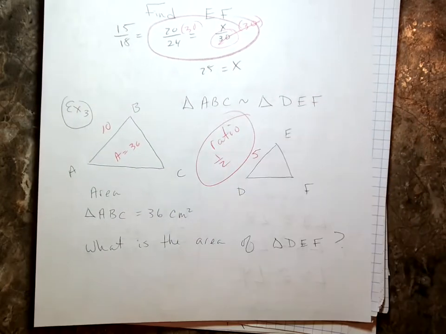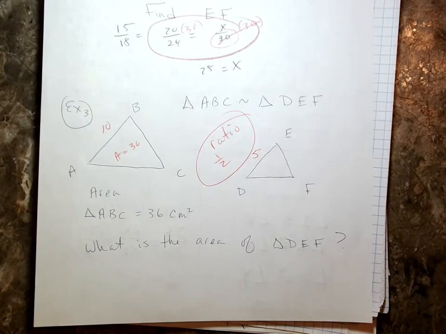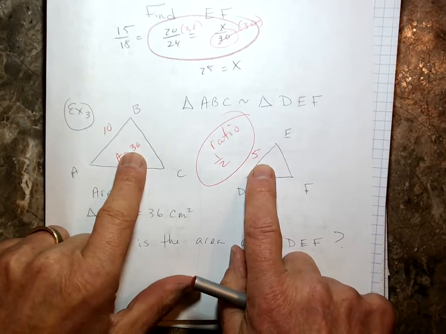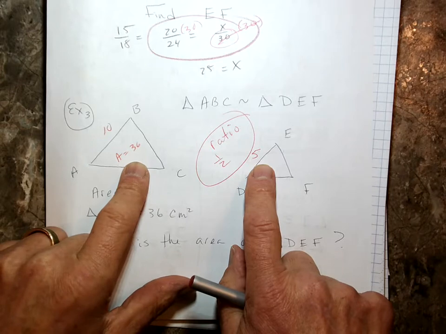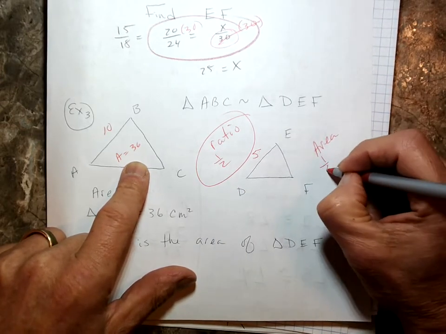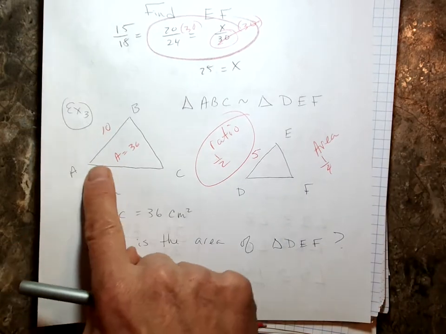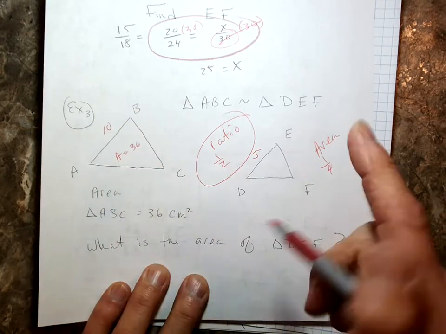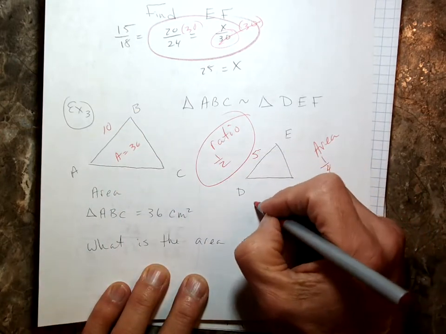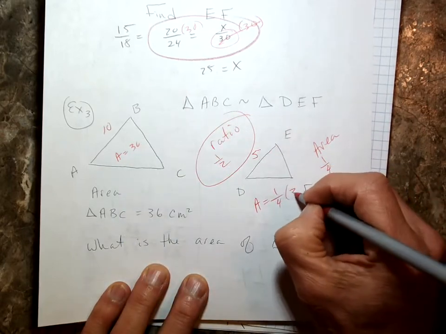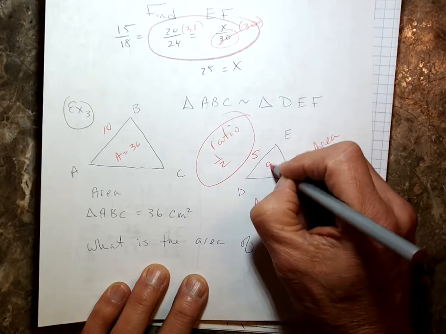But I think we realized yesterday, and you guys helped me out on this, that just because the ratio of the sides is 1/2, the area is going to be 1/4 of that, because we changed the base and the height. So if the area of this is 36, the area of this one is 1/4 of that 36, which is 9.